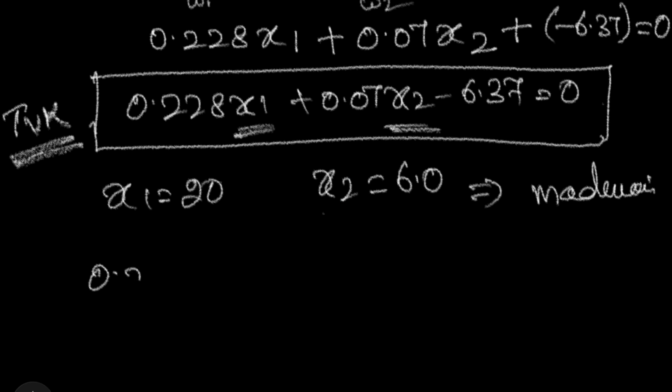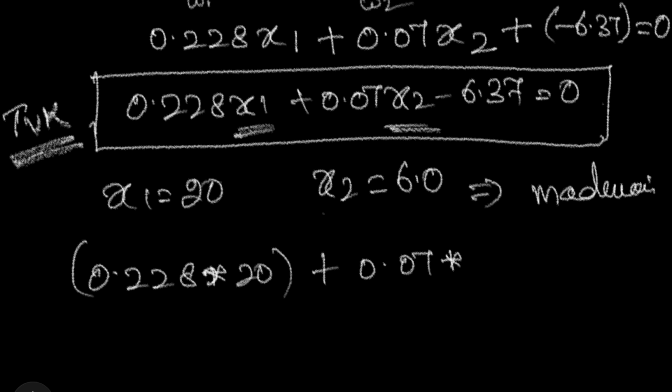So we have 0.228 into 20 plus 0.07 into 6 minus 6.37.